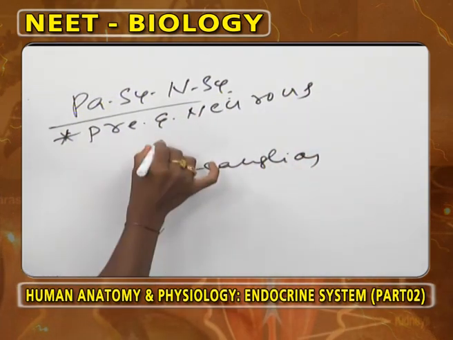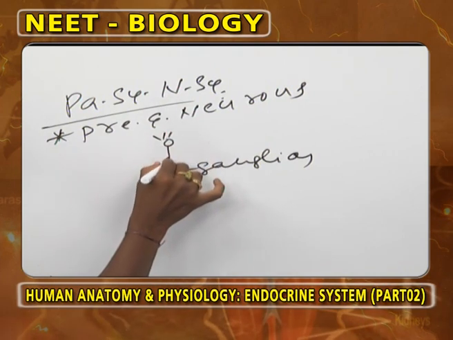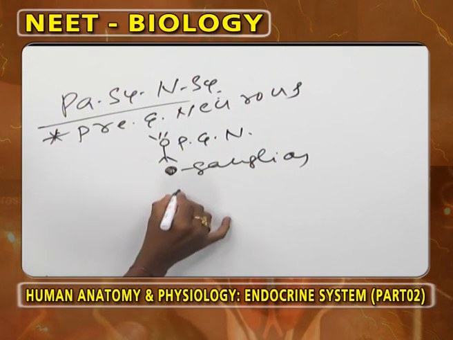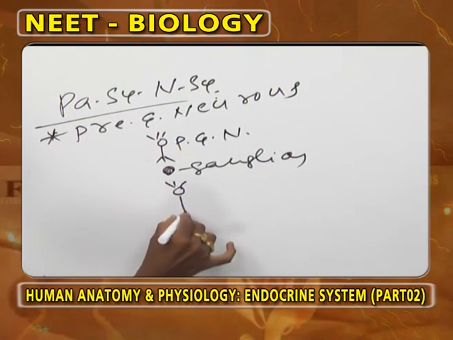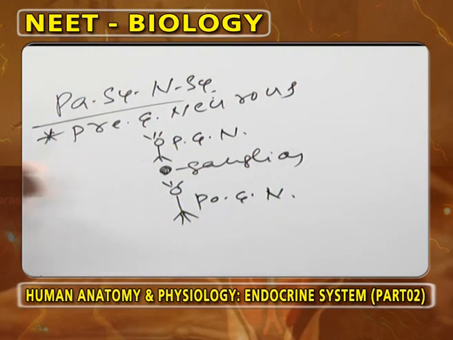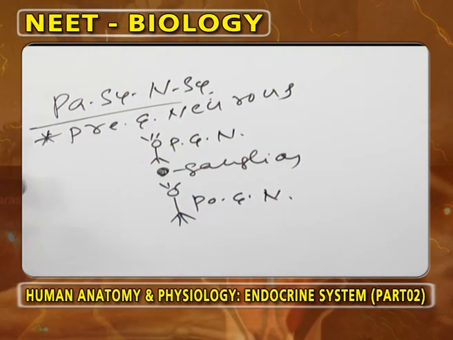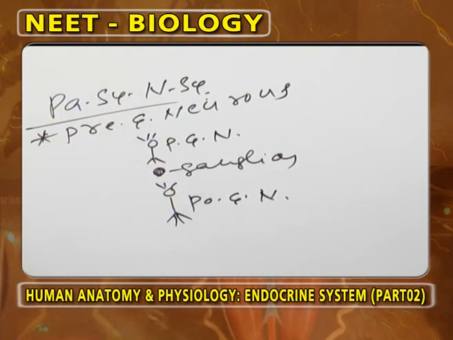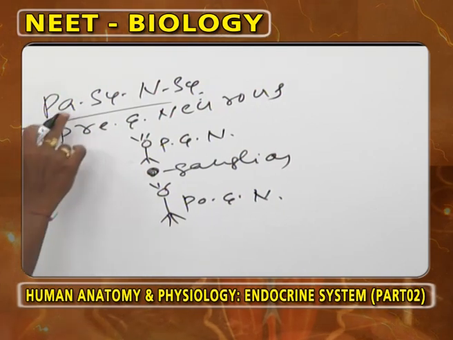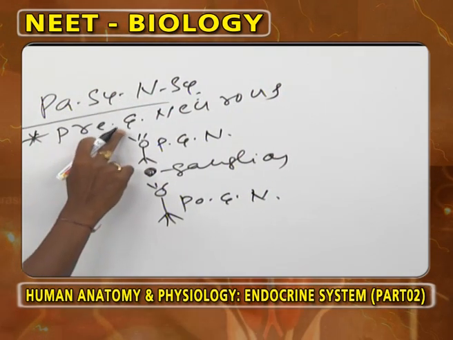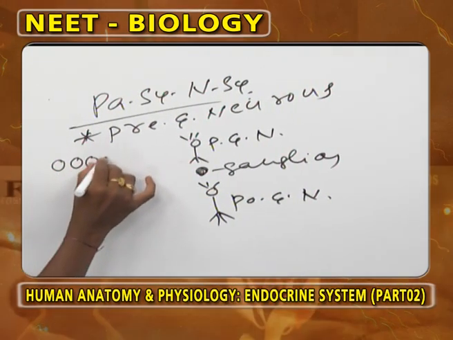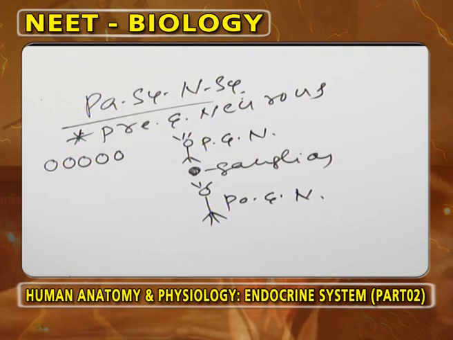In front of the ganglion, the neuron present is called the preganglionic neuron. Behind the ganglion, the neuron present is the postganglionic neuron. Now what type of question are we asking? Parasympathetic nervous system is called craniosacral outflow.